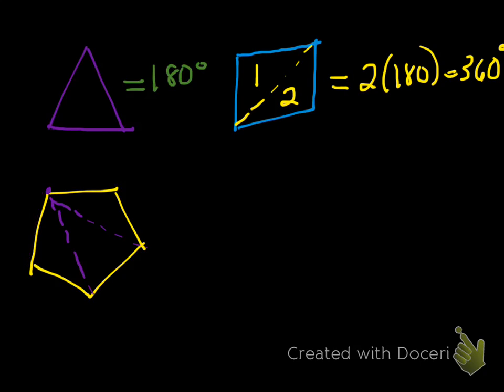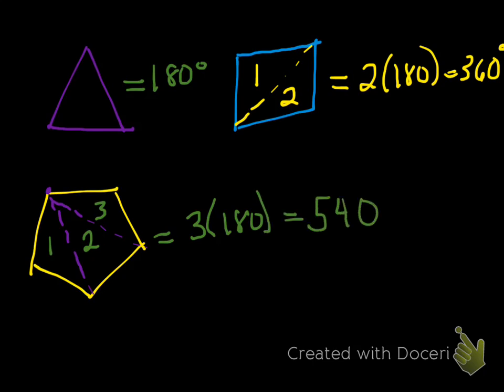And I can't connect these two because now it crosses. All right, so how many triangles do we have? We have 1, 2, 3. So that means you have 3 times 180 equals 540.